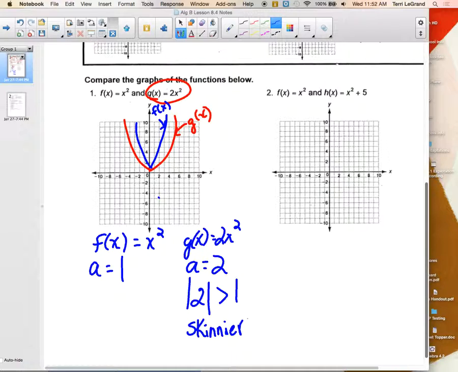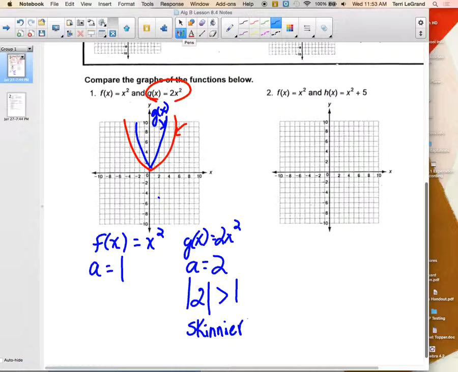Do we need to change our mind? Which was the skinnier one, the blue one or the red one? The blue one is. But lots of you said you think that's f of x. It's actually g of x, because it says it's going to be skinnier. So I want you to write on your graph and put an arrow like I did, that this curve is g of x.